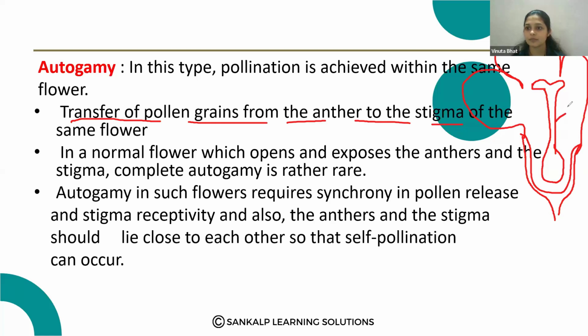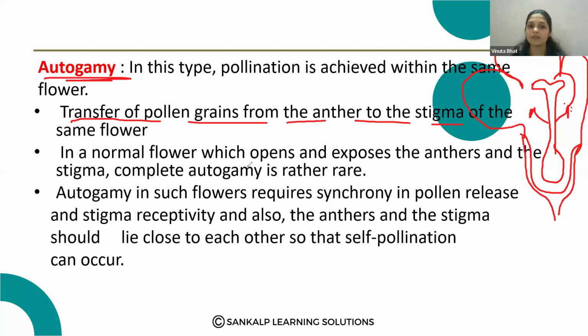Here the stamens are there. The pollen grains are transferring to the stigma of the same flower. So just know the meaning: transfer of the pollen grains from the anther to the stigma of the same flower is known as autogamy.